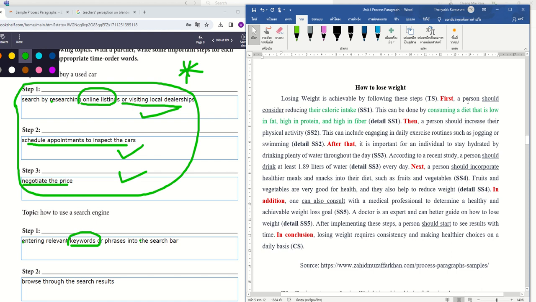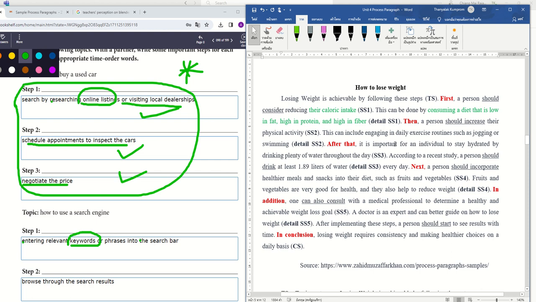Then, a person should consider reducing caloric intake and should increase physical activity. How? A daily exercise routine, for example jogging and swimming. See?